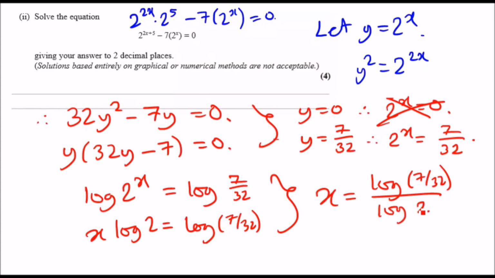Go ahead and put this in your calculator, guys, and I need to do the same myself. Doing that, you should get log of 7 over 32 over log 2. Ooh, I got a negative answer here. So I got x equals negative 2.19. That's it. All done.